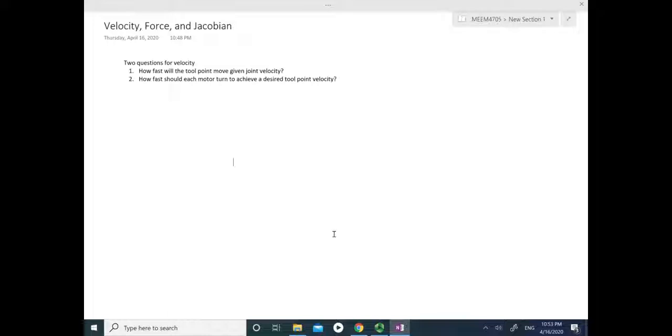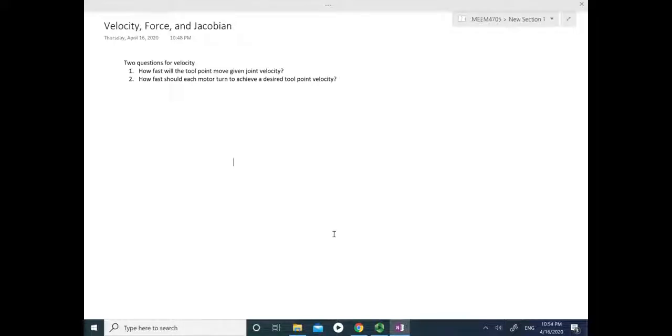The second question is, now we know the desired task velocity of the tool, and we go back to calculate the joint velocity. How fast should each motor turn to achieve a desired tool point velocity? This question is relevant to inverse kinematics.